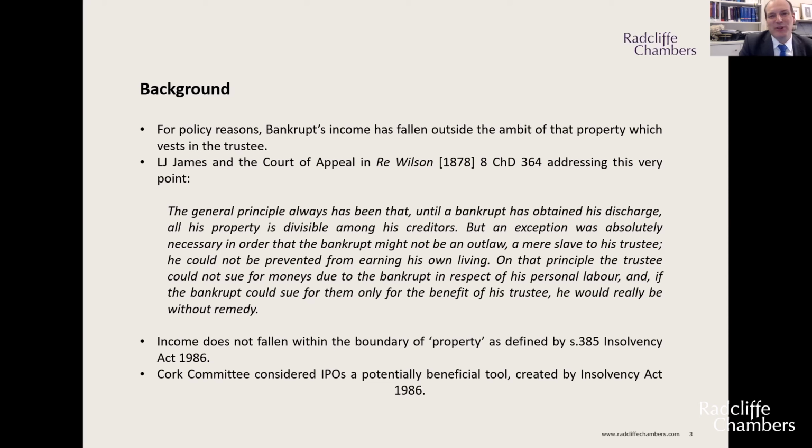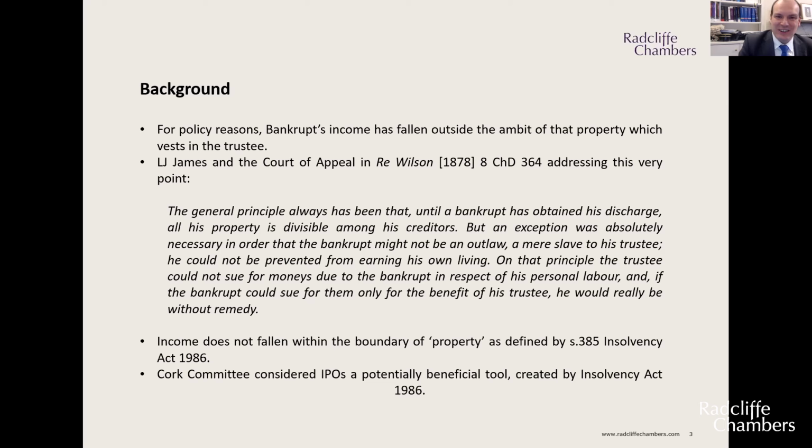So in essence, as a policy perspective, the income of a bankrupt has always been excluded to make sure that they don't become absolutely destitute on the street and become outlaws, essentially seeking anything they can to survive.